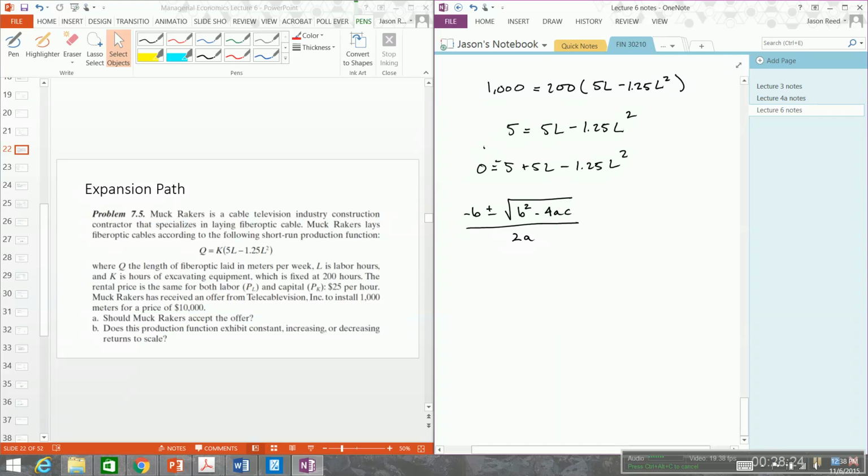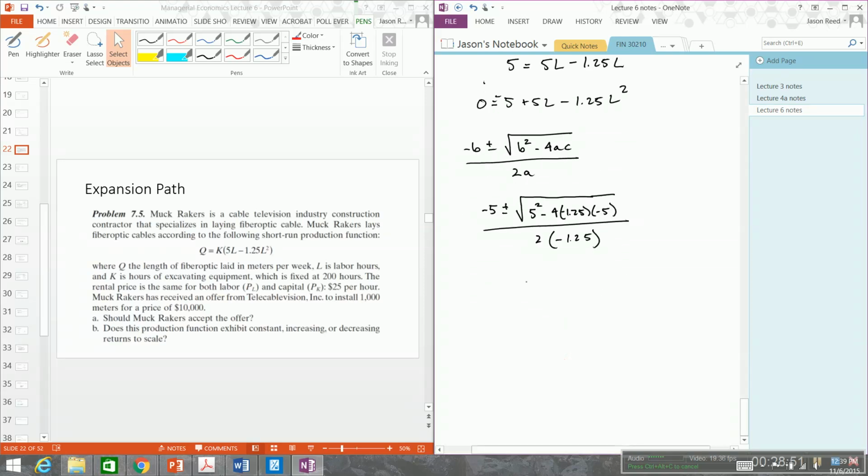Using our quadratic formula here, we have negative 5 plus or minus the square root of 5 squared minus 4 times negative 1.25 times negative 5, all over 2 times negative 1.25. So we solve this down and we find that L should be equal to 2.